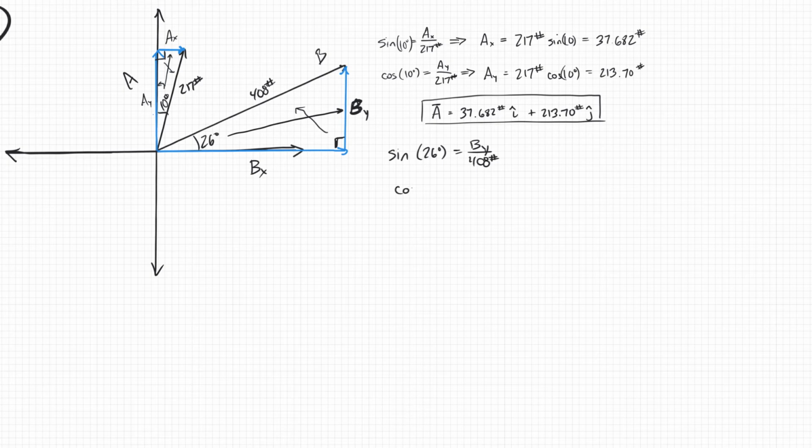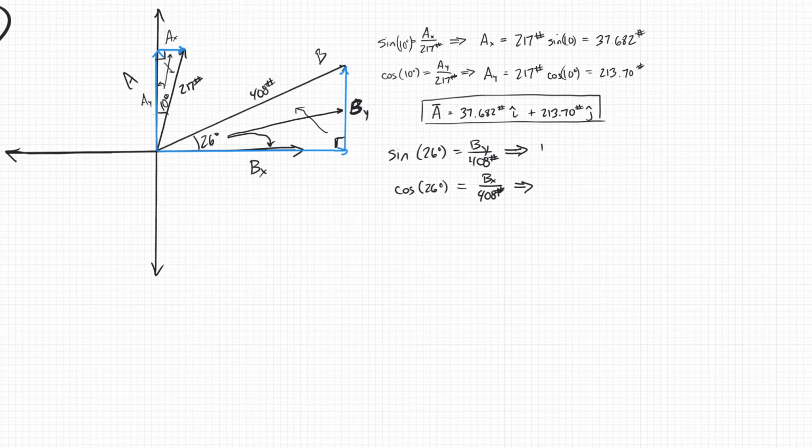The cosine of that angle is adjacent over hypotenuse, so that's BX over the hypotenuse, 408 pounds.